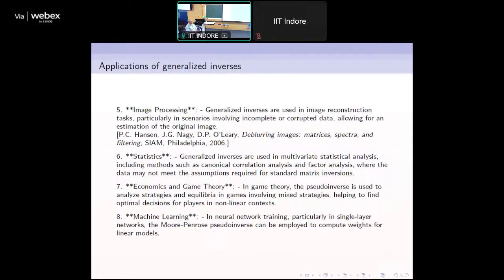Here I put a reference to one book, which was my first book, on image restoration. I investigated this topic. It is possible to present a gray image as a matrix, with pixels given with values from 0 to 255.